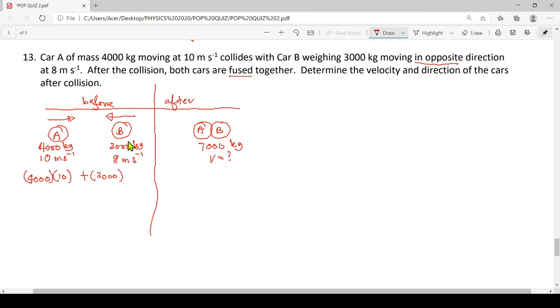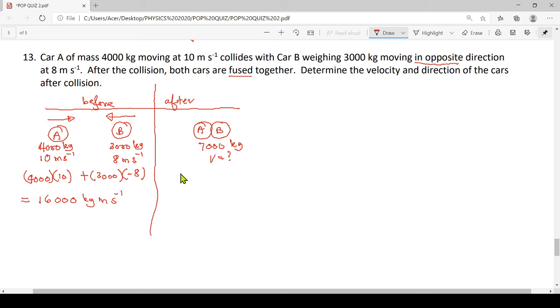The velocity is 8, but look at the direction, it's going to the left, so here I have negative 8. So the total momentum before the collision is 16,000 kilogram meter per second.